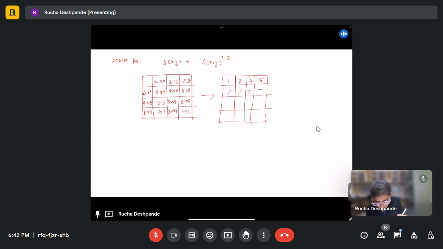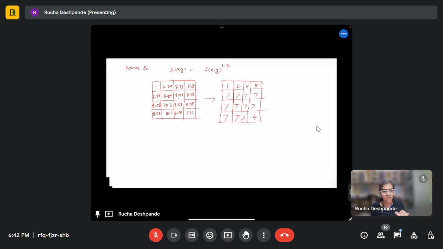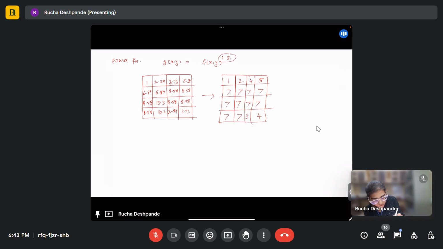So this will also be 7, 7. 3 and 4. So you can change the values of this power and the constant. So here it was c is equal to 1 only. So you can change these values and try to see how the image will change. So these were all the non-linear point transforms.